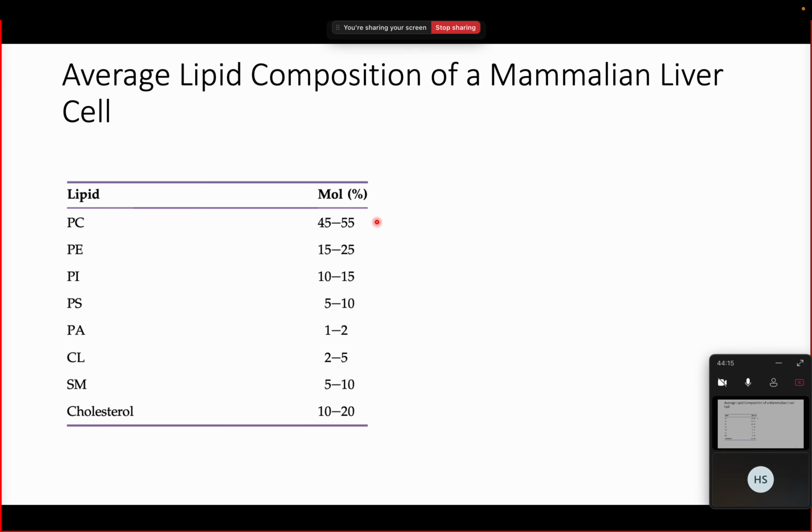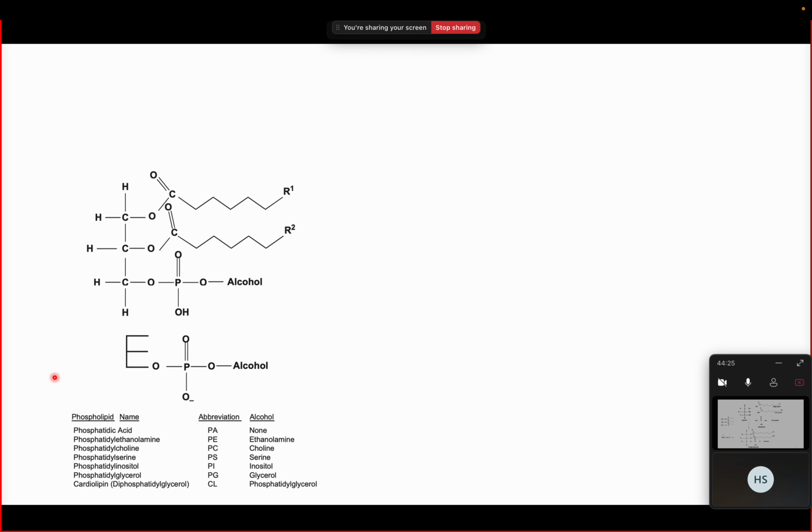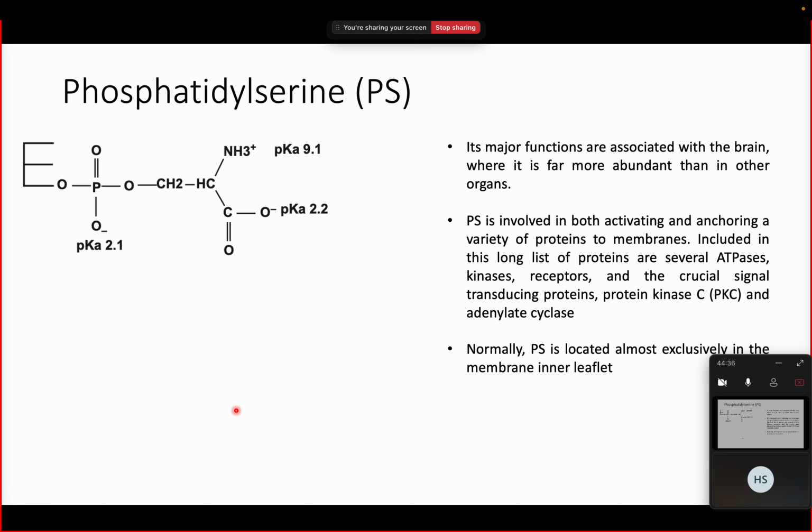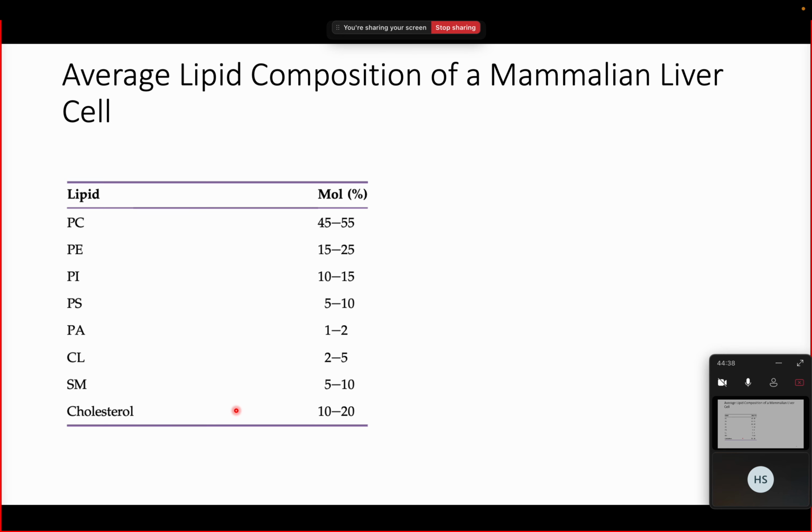Then we haven't discussed PI, it will be PI, then PS, PA, CL, SM, and cholesterol. Don't worry about these small terms, we have actually kind of discussed them. For example, PI is phosphatidylinositol, PG is phosphatidylglycerol, CL is cardiolipin, and so on. So this is a very generic composition of a mammalian liver cell.